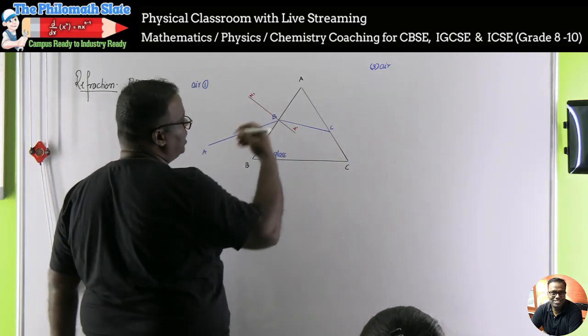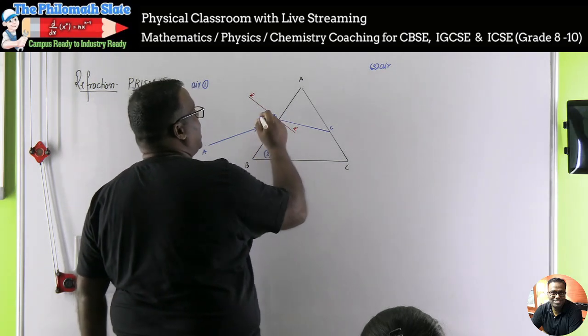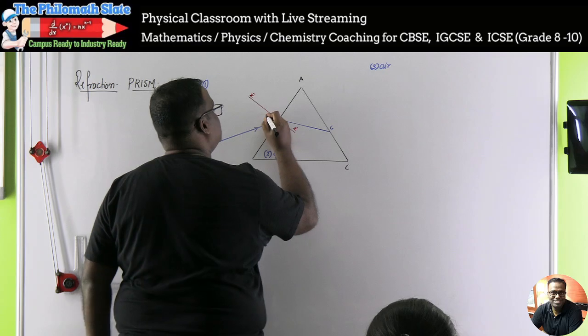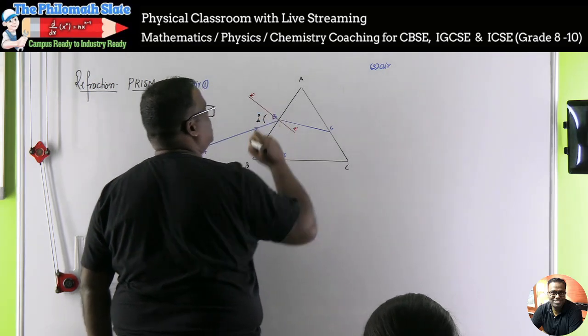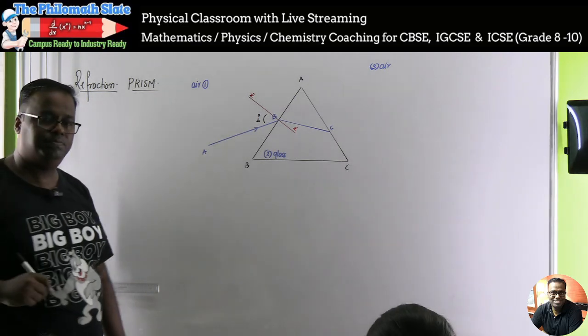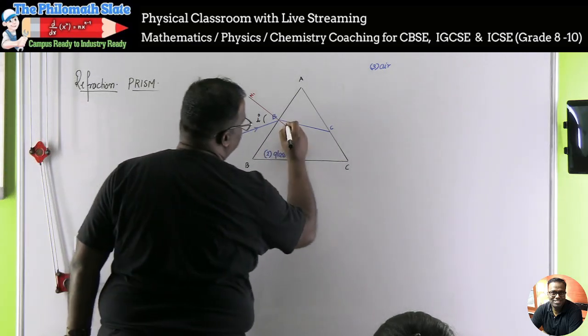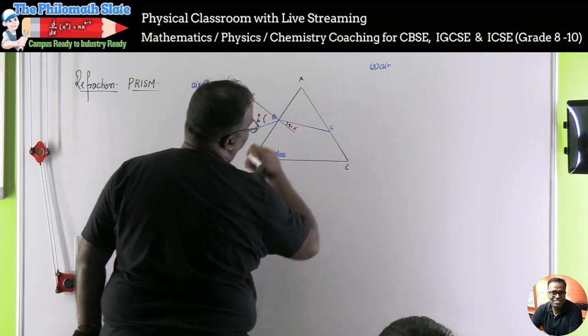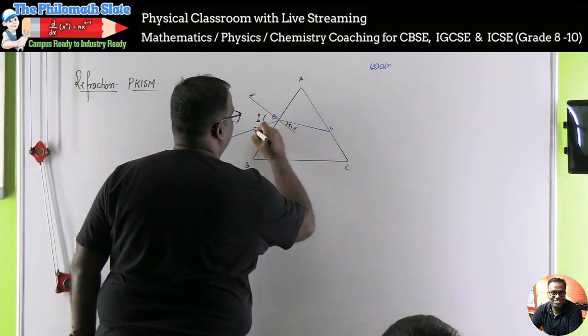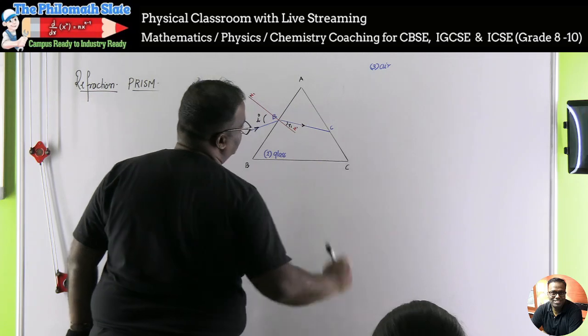The angle between the normal and the incident ray is my first angle of incidence, known as I. Then this becomes my R1, my first angle of refraction. Are we fine?